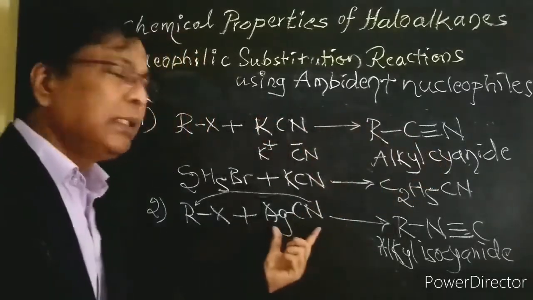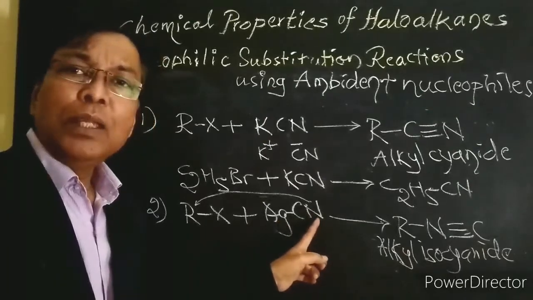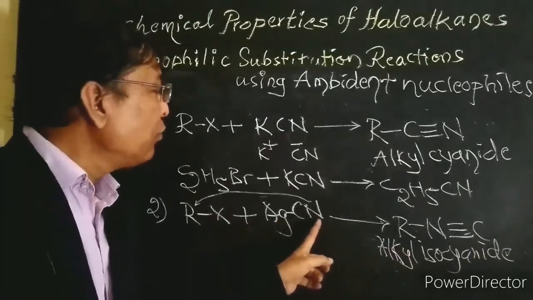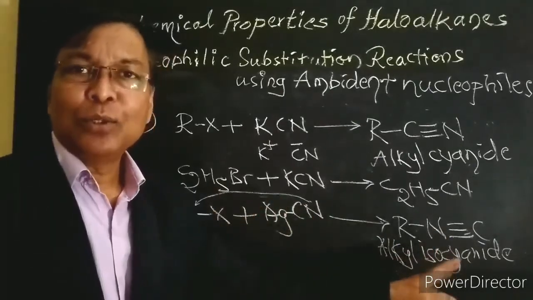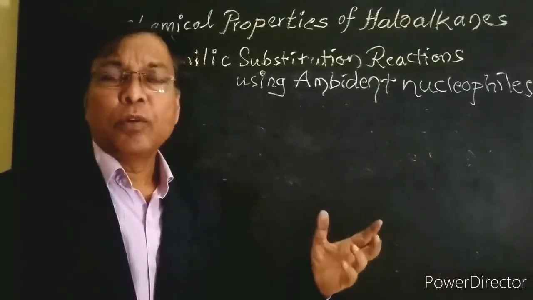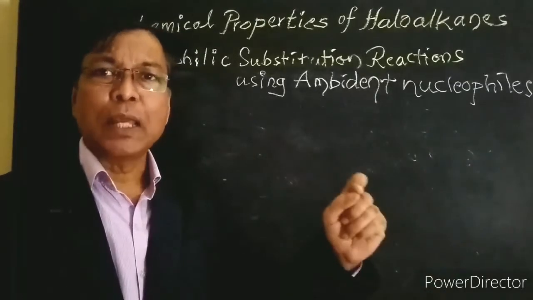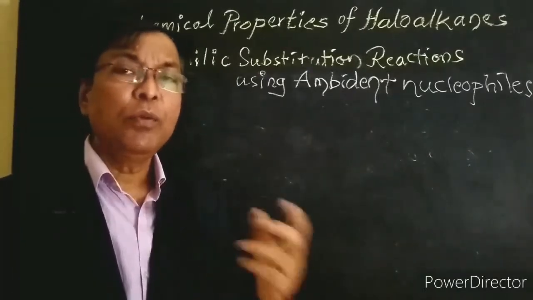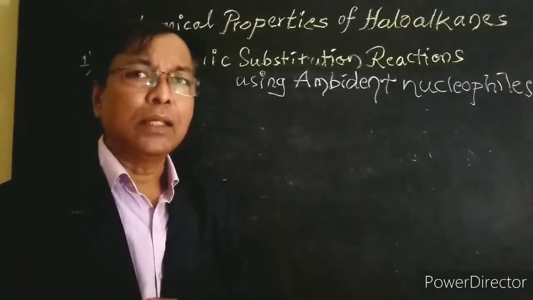And AgCN is a covalent compound, the nitrogen atom is electron rich, therefore it forms bond from nitrogen giving alkyl isocyanides. If you want alkyl cyanides, you have to use the reagent potassium cyanide, that is KCN, and if you want isocyanides, you have to use AgCN as the reagent.